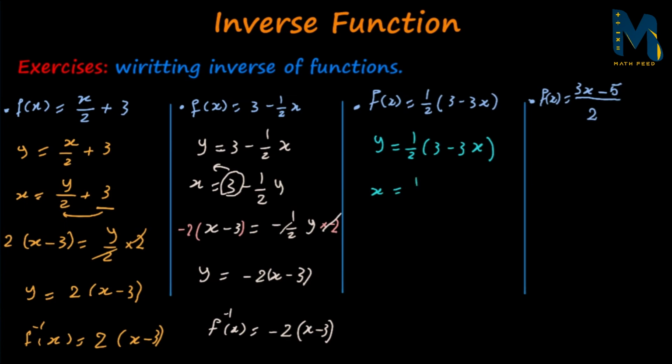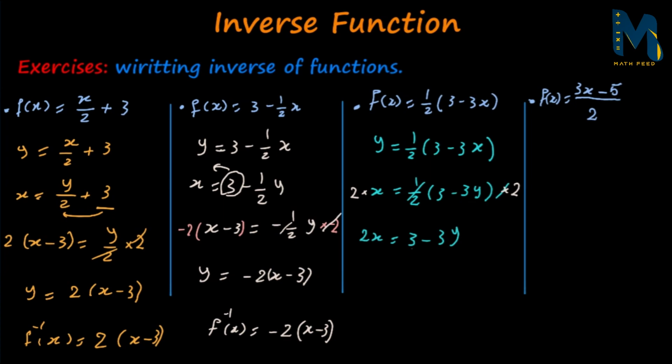Switching x and y, x equals 1 over 2 times (3 minus 3y). Now we have 1 over 2. To cancel it, we have to multiply by 2 over 1, or 2. So we multiply both sides by 2. We get 2x equals, these two will cancel, just 3 minus 3y is remaining.